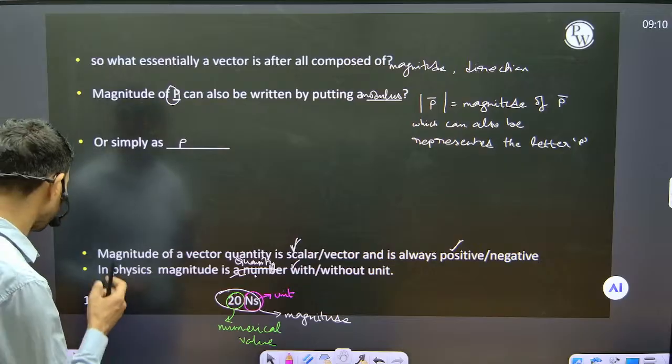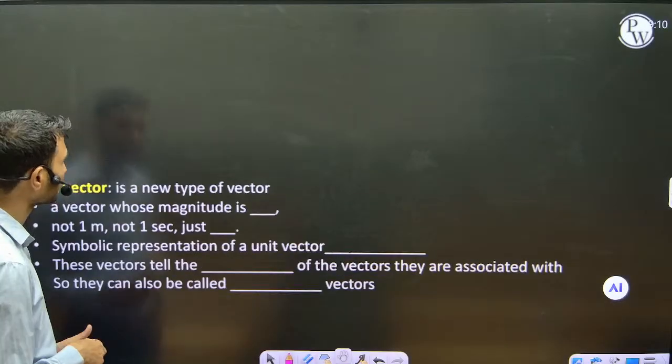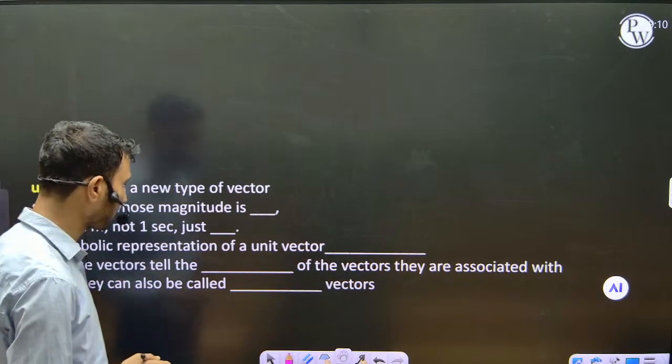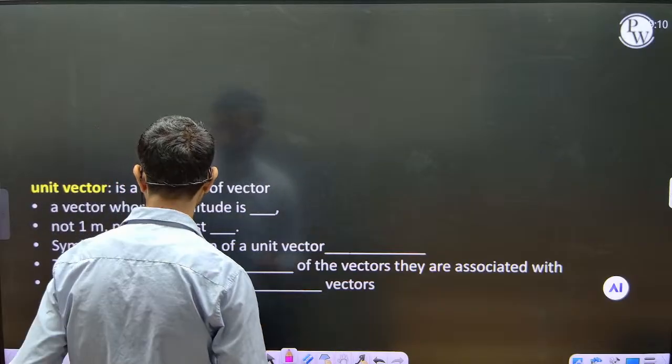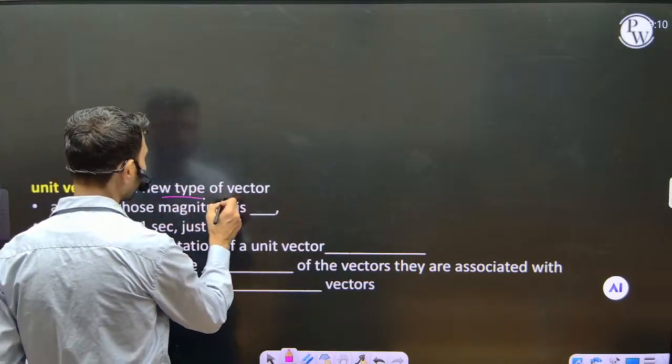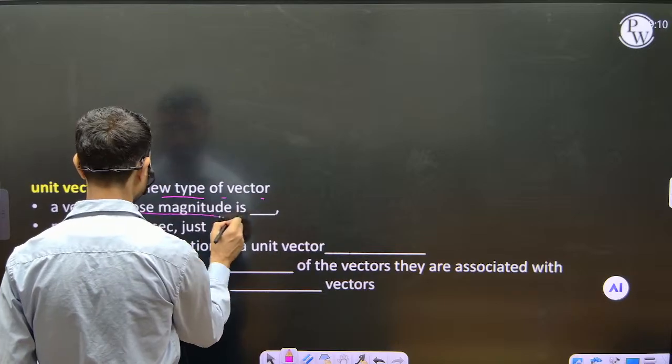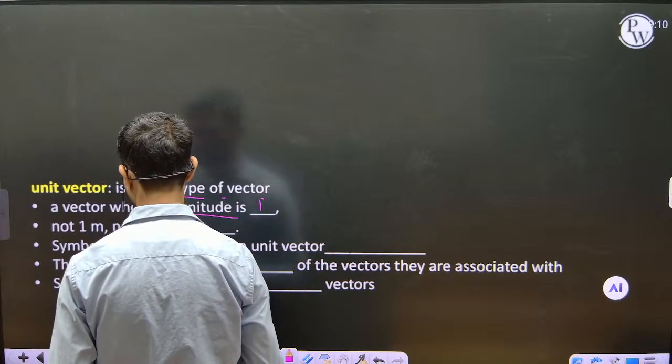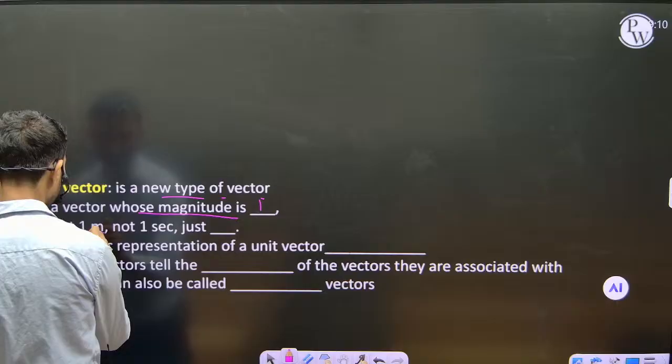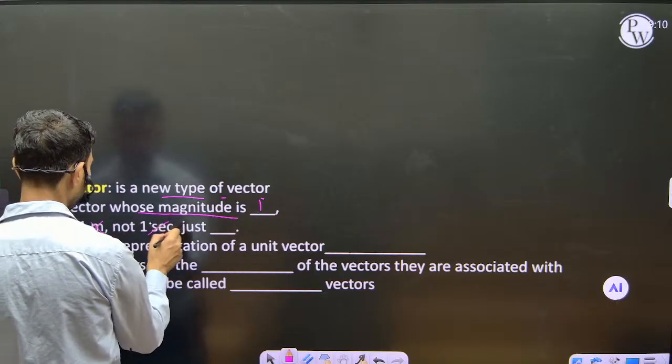Right? Let's go ahead. Let's see what is a unit vector. So unit vector is a new type of vector: a vector whose magnitude is 1. Not 1 meter, not 1 second, just 1.